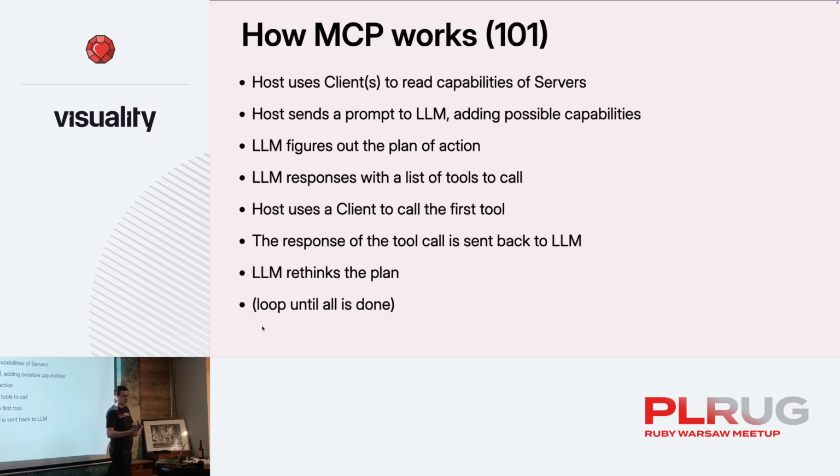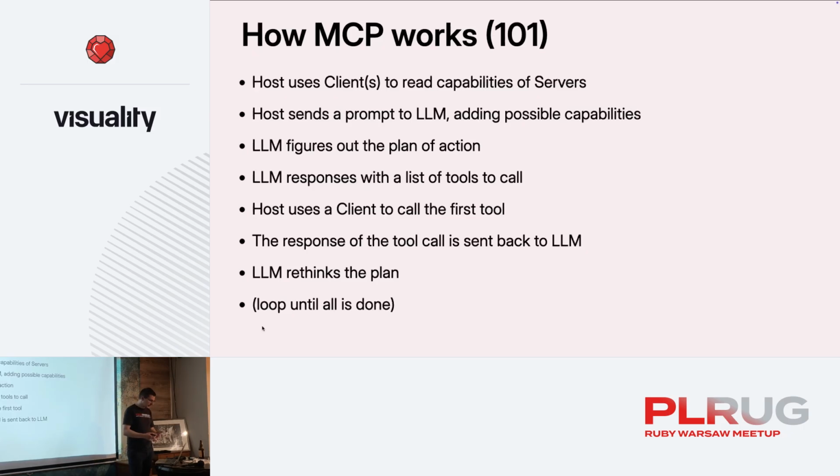Then the host prompts the LLM saying, I want this, and here are the capabilities that you can also use. It's the LLM's role to figure out what to do. The LLM can figure out, okay, I have these 20 tools, I have to use this, this, and this. For example, it can figure out that the execution of what I'm asked for will take 3 tools.